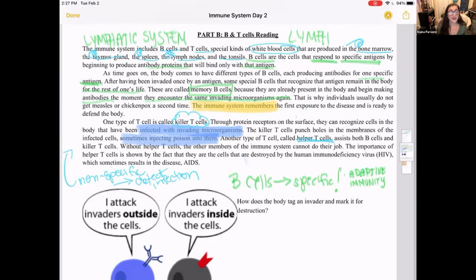And the importance of helper T cells is shown by the fact that they are the cells that are destroyed by the human immunodeficiency virus, or HIV, which sometimes results in the disease AIDS. If you've ever heard of someone that has HIV or has AIDS, hopefully not, especially AIDS. You can live with HIV with medication and be fine, but AIDS is the syndrome that would lead to death.